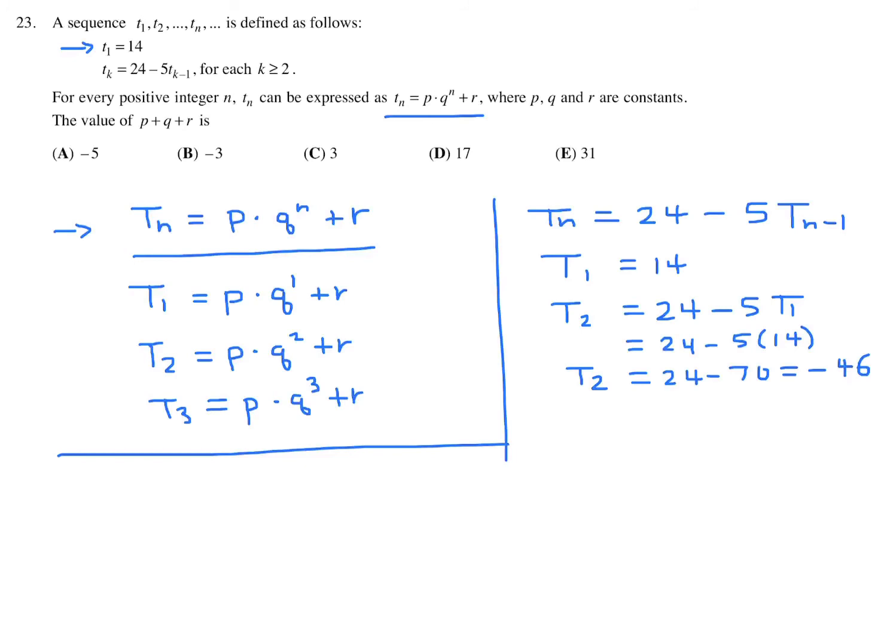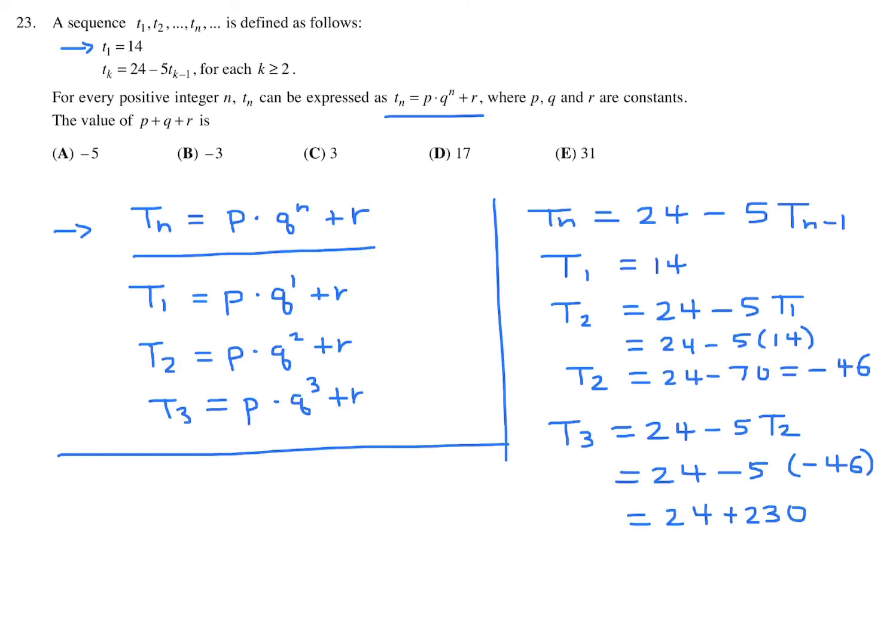T3 is going to be 24 minus 5 times T2, which is minus 46. And therefore 24 minus 5 times minus 46 is what, 230? Yeah, approximately 230 plus 24.